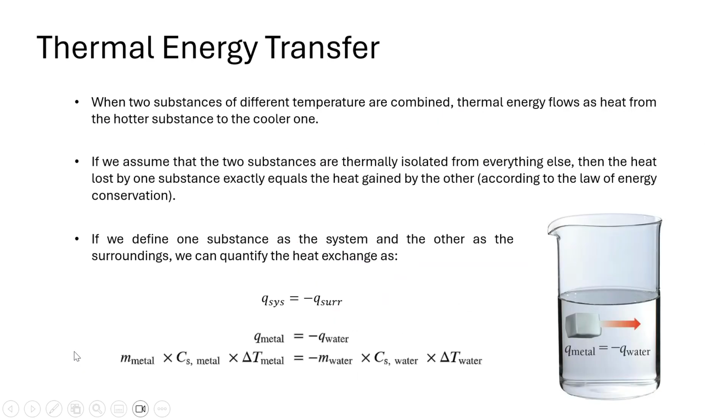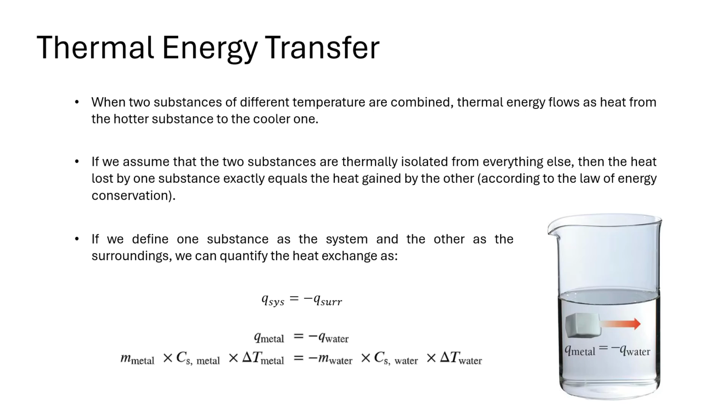Okay, so thermal energy transfer. We talked about how a system's energy could be measured in the form of Q equals MC delta T, right? But what if now I have the Q equals MC delta T of the system and I have the heat from the surroundings, right? So remember, there's not only a system, but the surroundings come with it.